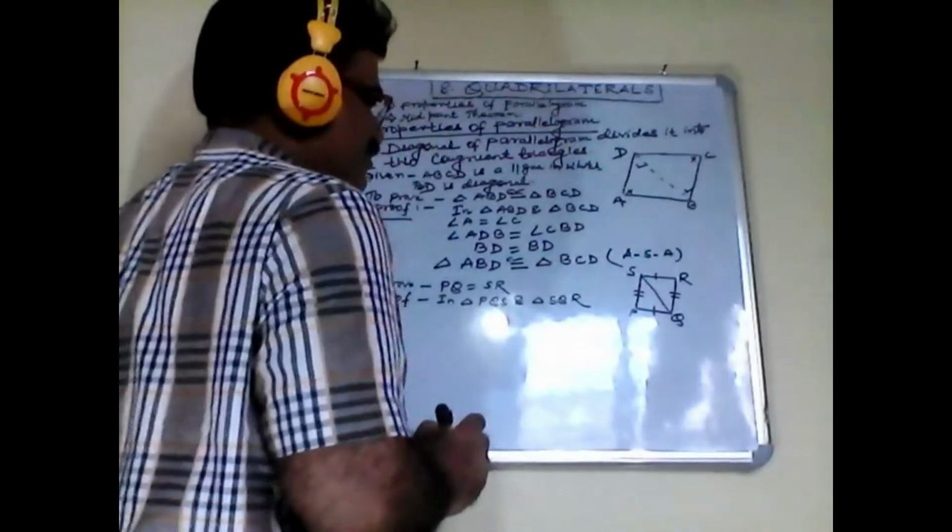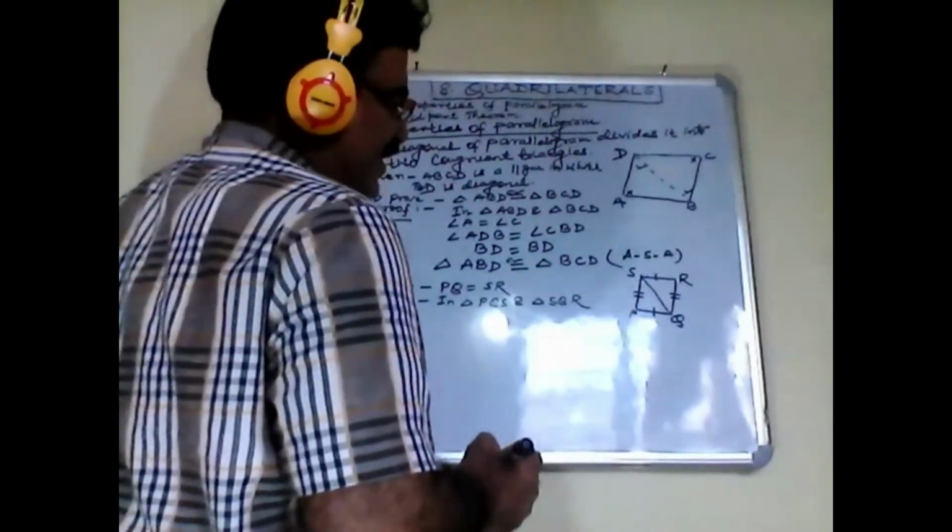In these two triangles, you can take any two sides very easily.